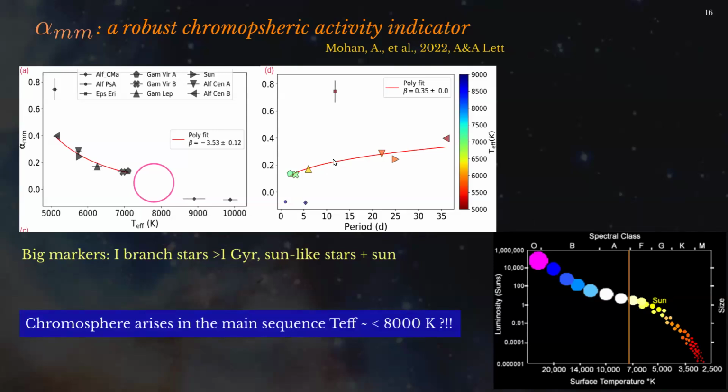Yeah. So we also find interesting trends. You can find simple correlation curves with other important stellar parameters like rotation period and so on, which is where the activity bifurcates into the two branches, right?